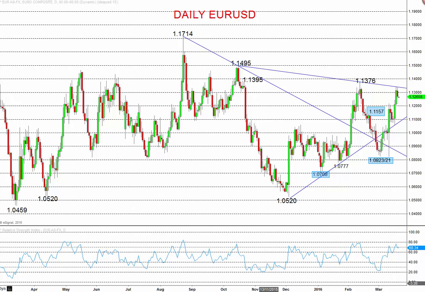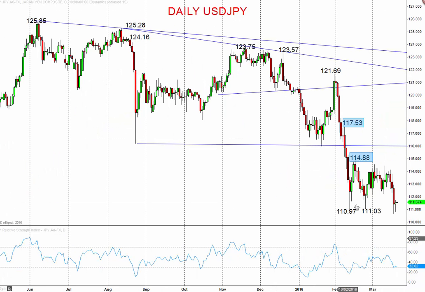If we zoom across to the US dollar versus the Japanese yen now, the market has been very much defined by an erratic consolidation, but unable to break up through 114.88 throughout March. We've had multiple opportunities in here to push through to a 114 handle above 114.00, and then not able to push through 114.88, which would have secured a double bottom from these two lows in here from February.